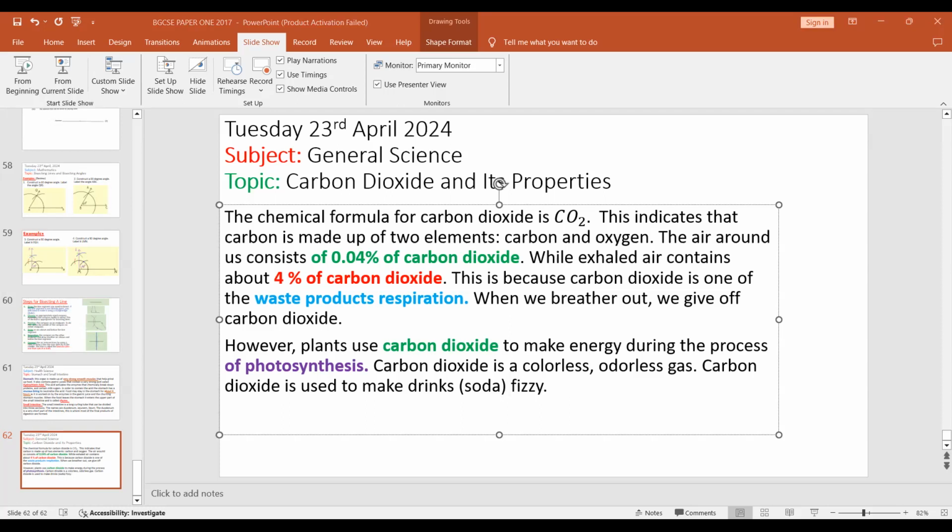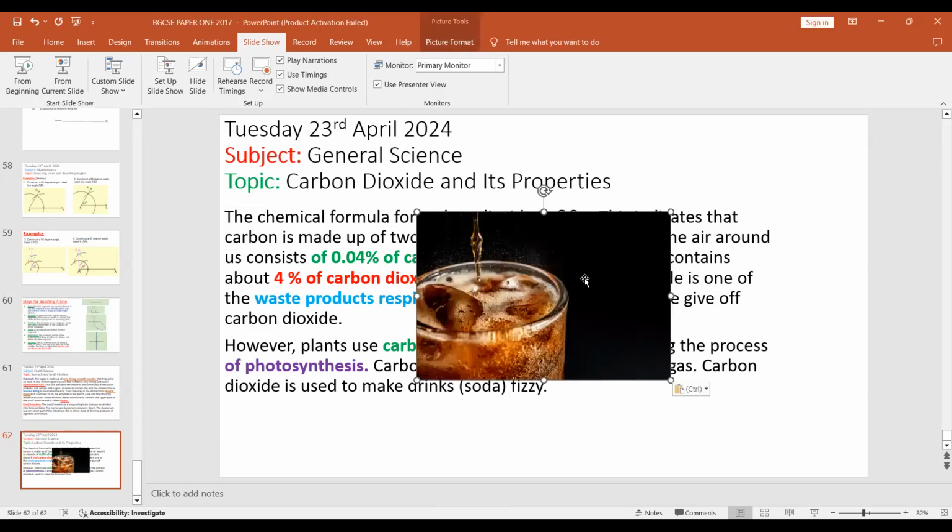So, in order for you to get that fizziness, let me just show you a picture with the fizzy. In order for you to get that fizziness, you need a gas. What's the name of the gas that helps to make sodas fizzy?